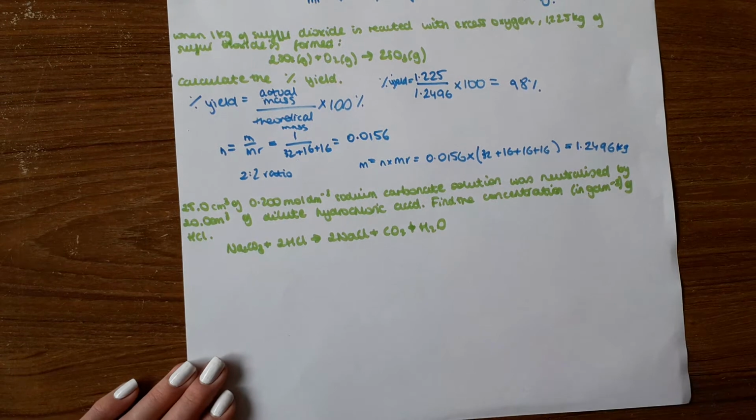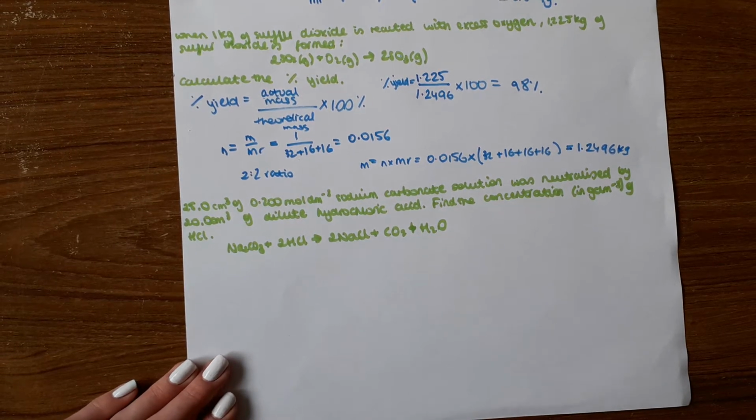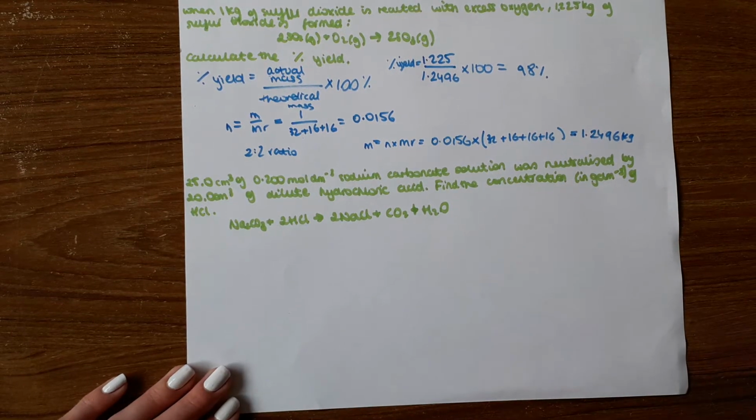So our next question: 25 centimeters cubed of 0.2 moles of sodium carbonate solution was neutralized by 20 centimeters cubed of dilute hydrochloric acid. Find the concentration in grams decimeters minus 3 of hydrogen chloride. So this is our titration question.